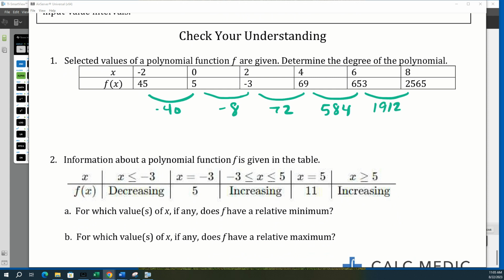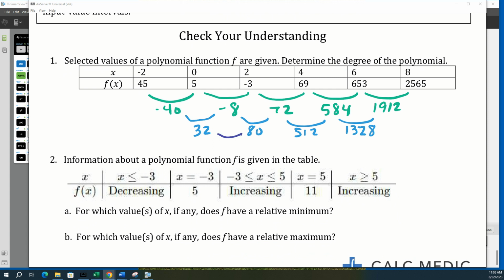All right, obviously those are not constant, so it's not degree 1. So we'll just keep on subtracting. All right. Second differences are not constant, so it's not degree 2.